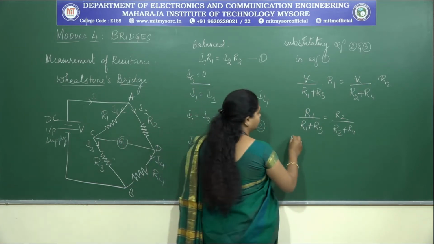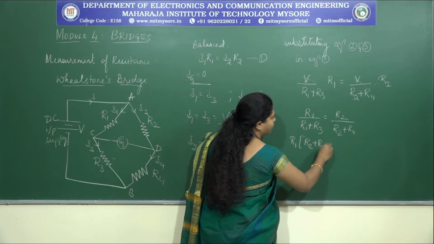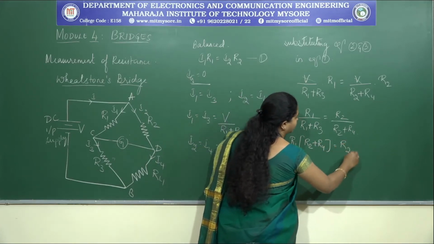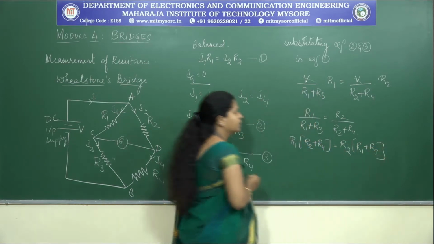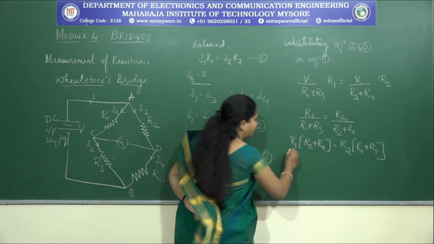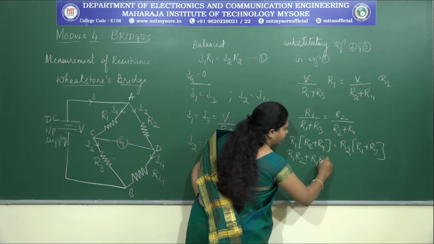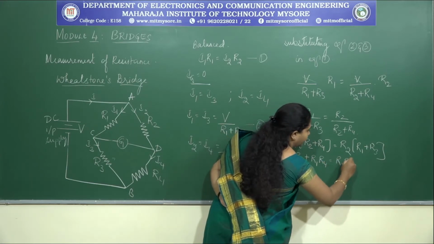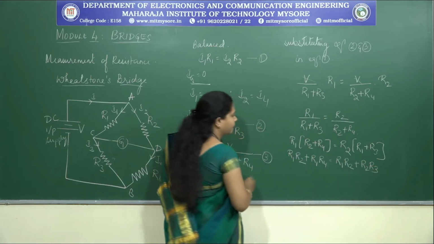Cross multiply: R1 into R2 plus R4 is equal to R2 into R1 plus R3. Fine. Cross multiply and write now R1 into R2 plus R1 into R4 is equal to R1 into R2 plus R2 into R3.